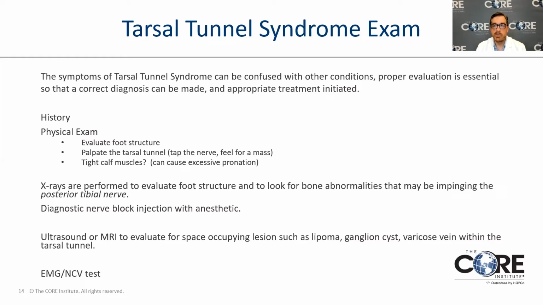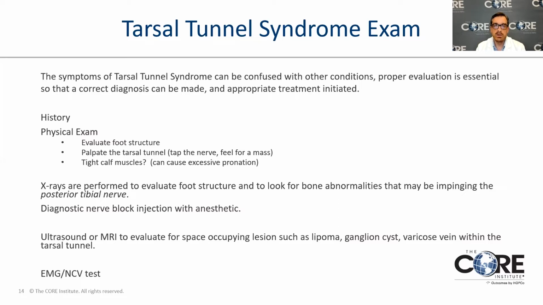X-rays are important and will be taken. What we're looking for are bony abnormalities that could possibly be impinging on the posterior tibial nerve, such as a bone spur, especially if a person has had a prior injury or some type of arthritis, with the bone spur coming from either the arthritis or a previous injury.